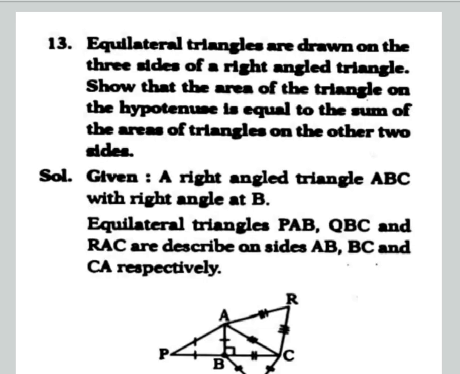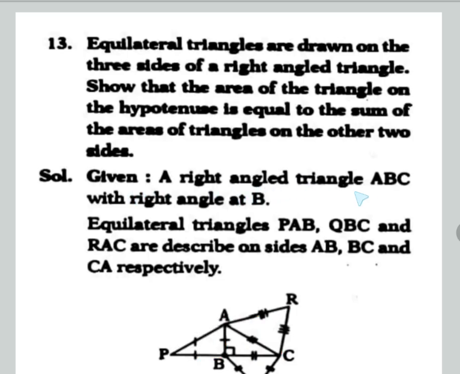Here ABC is a right angle triangle, and on AC side, its hypotenuse, is drawn an equilateral triangle, and AB side also has an equilateral triangle, and BC side also has an equilateral triangle.